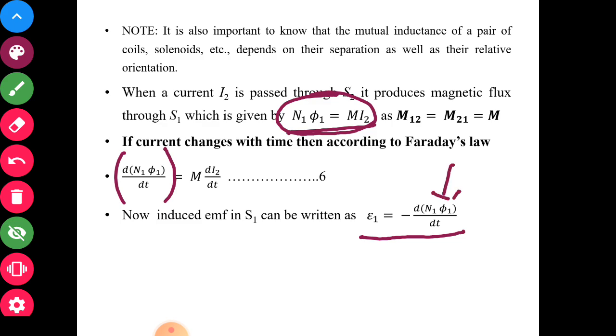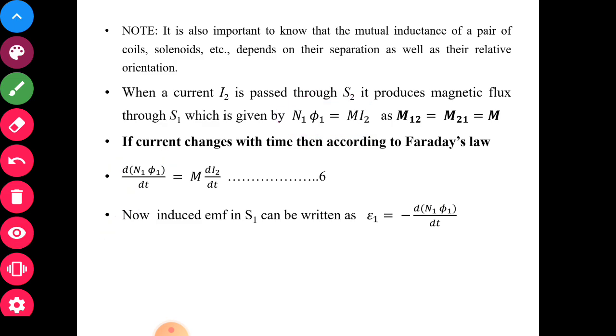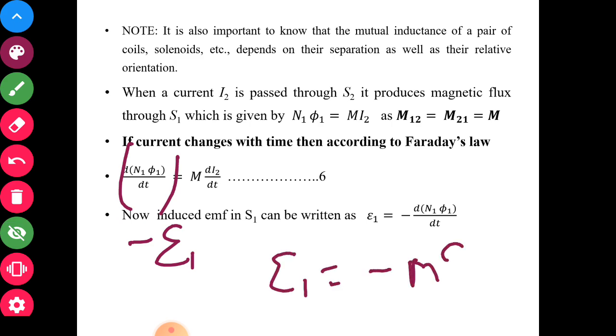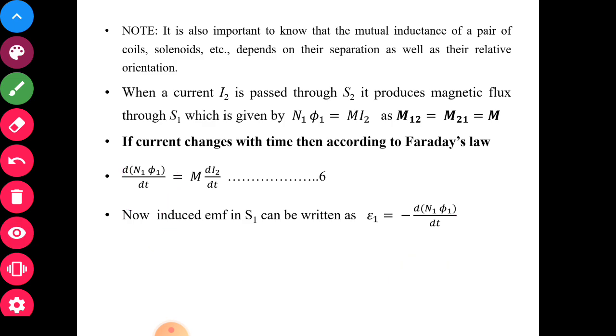This is the total flux, that is why N1 is not taken out. N1 phi1 is the total flux. So instead of this, we can write minus E1, and that minus sign goes on the other side. So E1 is equal to minus M dI2/dt.